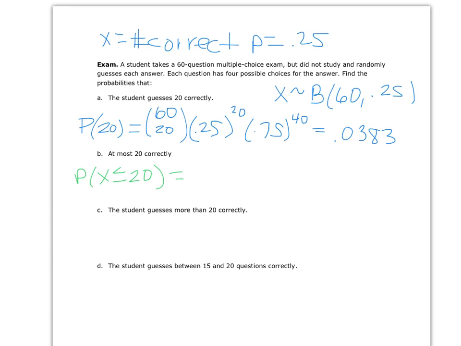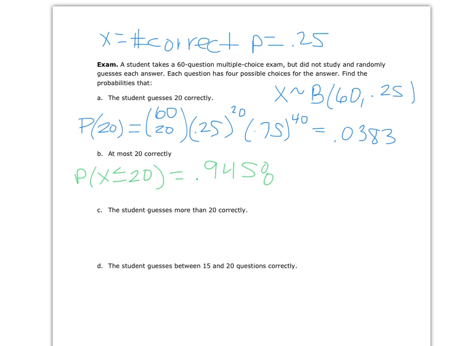All right, plug those values in. And we get the probability that x is less than or equal to 20 is 0.9458.